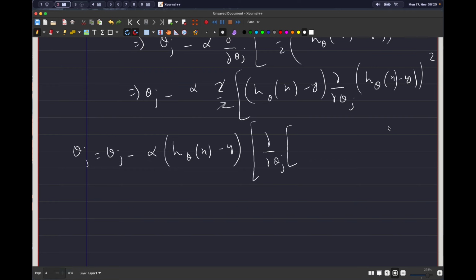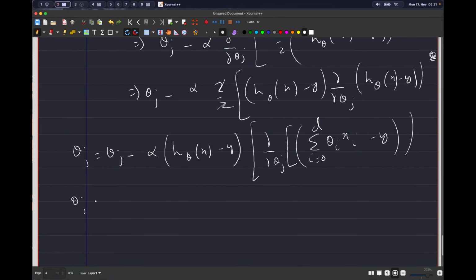And if you, sorry, there will be no square term here since we already removed it during differentiation. Now h theta x, as you know, it's what? Sum from i equals 0 all the way to d of theta i times xi minus y, right?